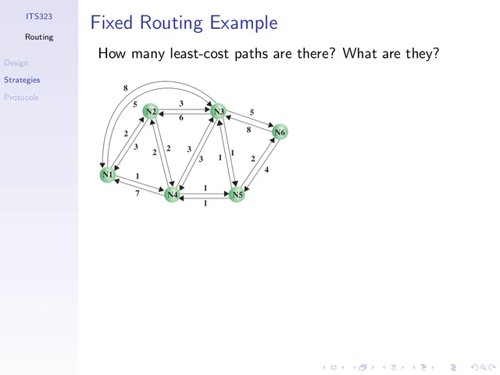N1 to N6, we've done that I think yesterday. N1, N4, N5, N6. And the cost was 4, wasn't it? N1 to N4 is 1.